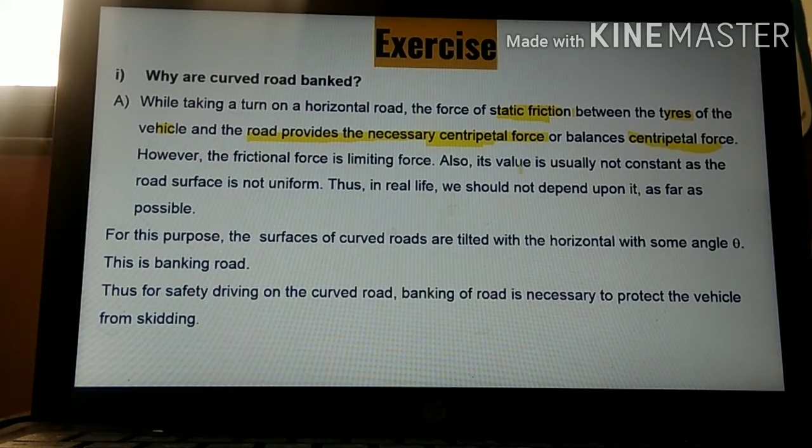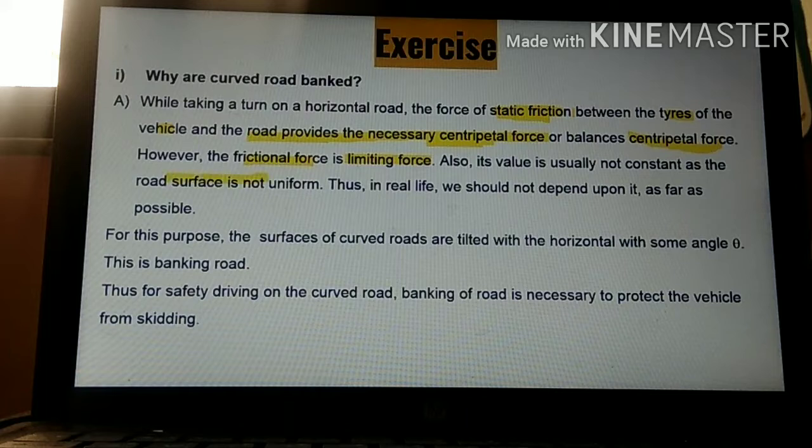However, the static friction which has been created over here is a limiting force. It is a limiting force means what? Its value cannot go up to infinity. Up till a certain value only it can provide frictional force. Also its value is usually not constant. Its value goes on changing. So its value is never constant.